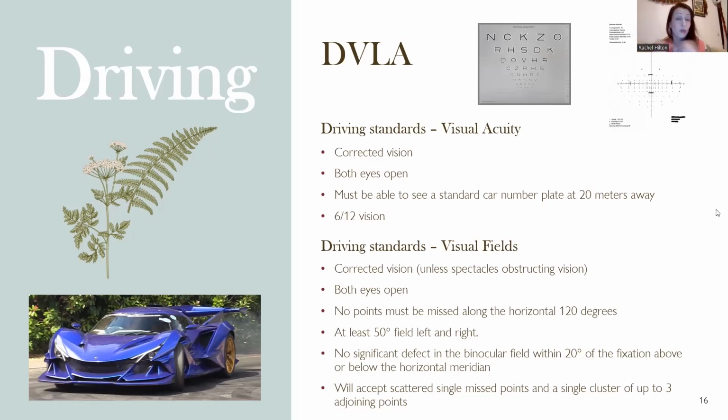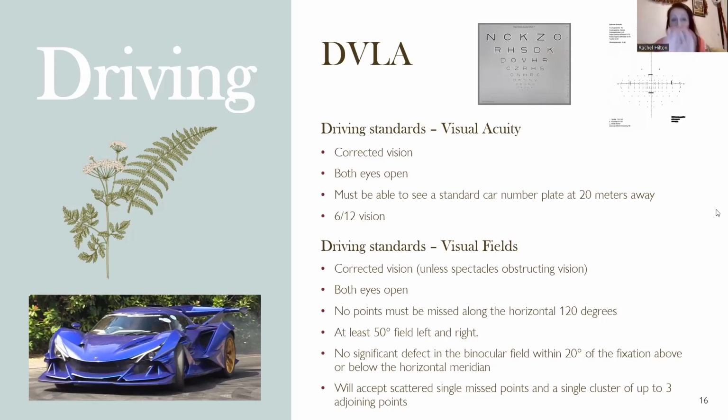Your clinical team will be able to tell you if they had any concerns, of course, but it is ultimately the DVLA that tell you whether you can or can't drive, and you can certainly appeal and have retests. However, please bear in mind, if they're telling you that they don't feel it's safe for you to drive, it is because it is not potentially safe for you or other people.